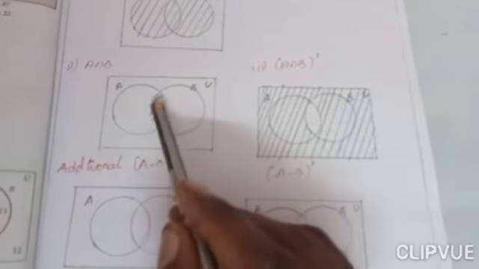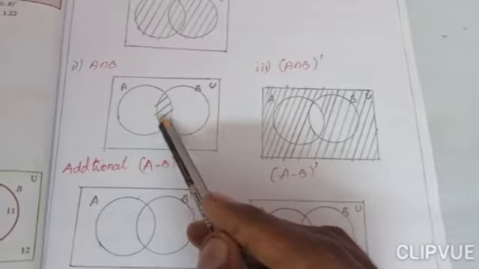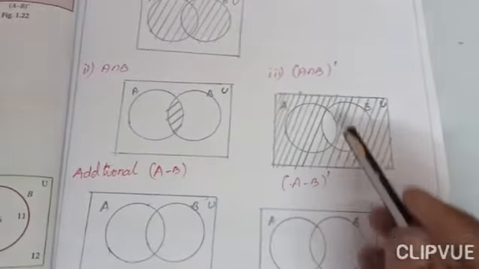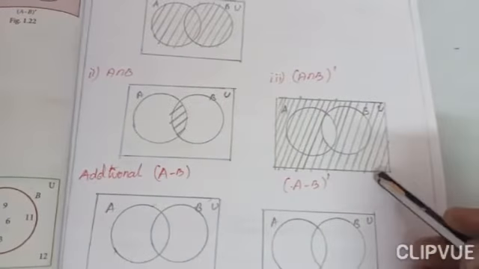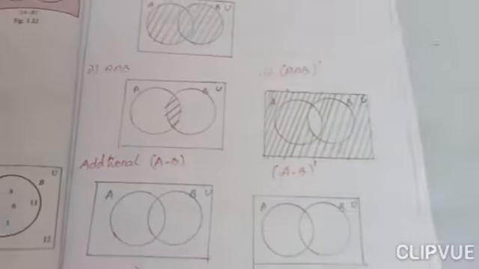Look at these two diagrams. A intersection B, I shaded inside the intersection of two circles. In A intersection B the whole dash, I leave this part and I shade the remaining part of the diagram. This is A intersection B the whole dash.